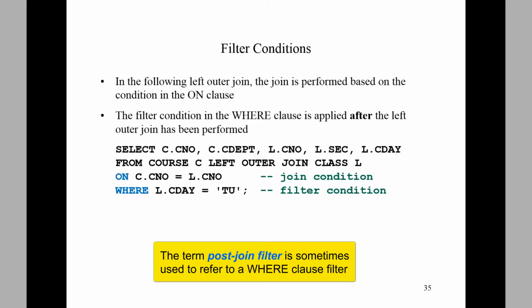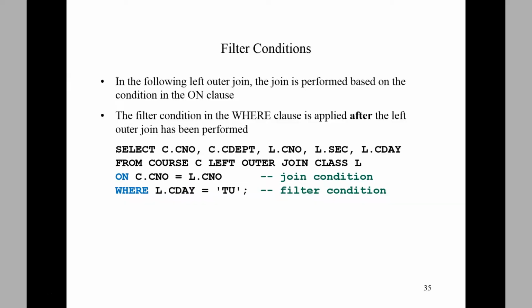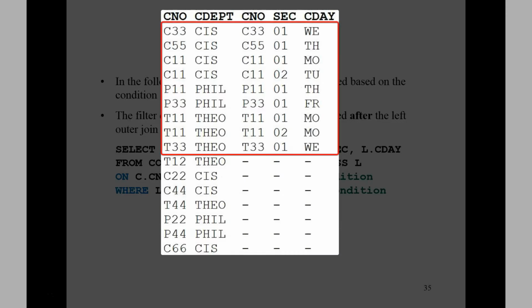To better understand what's happening, let's consider the outer join without any filters. If we run the outer join without a filter condition, the result table consists of 16 rows. There are 9 rows in the class table. Each of these rows will find a matching row in the course table. Thus, these 9 rows form the inner join portion of the result table.